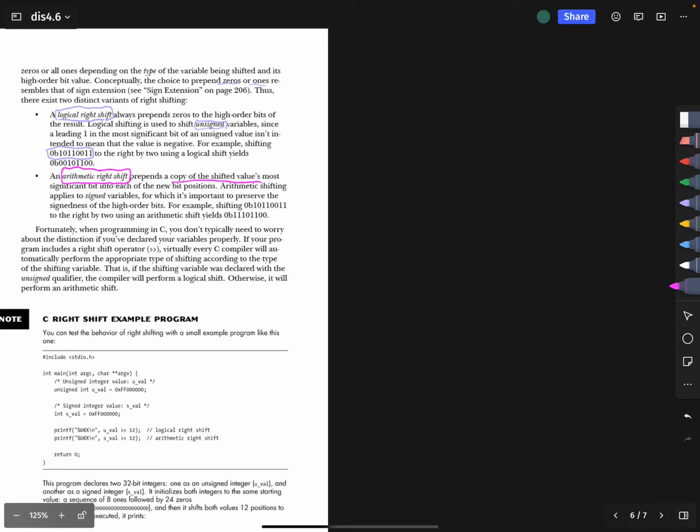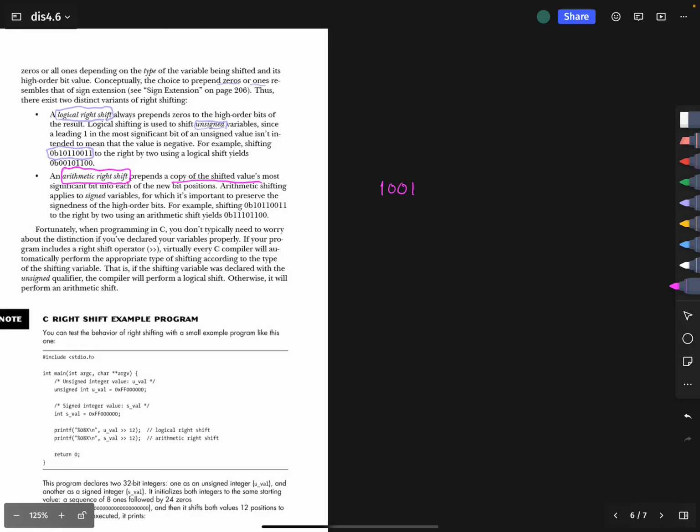Let's pick a number like 1001. We know that if 1000 is -8, as we've seen a couple of times, then 1001 should be -7. So this is the representation of -7.